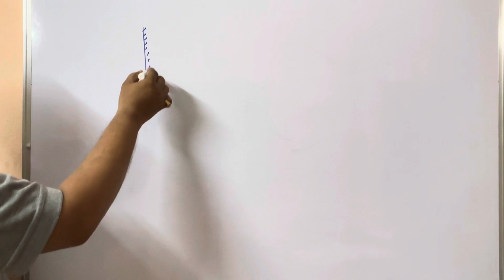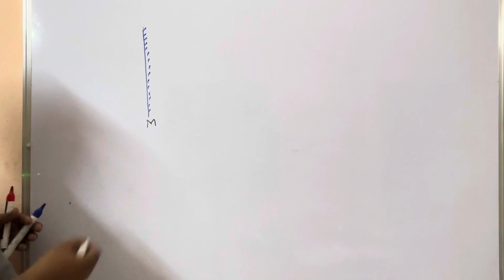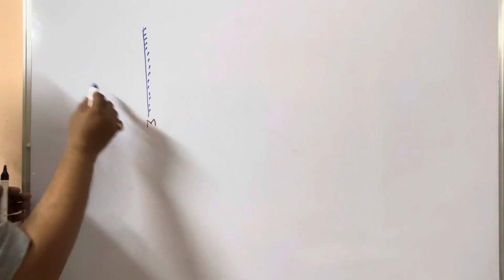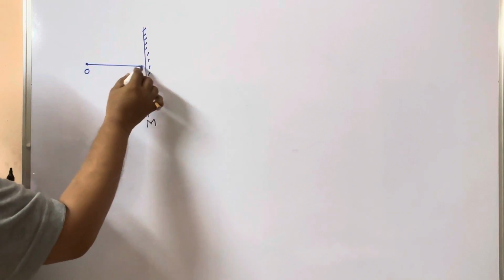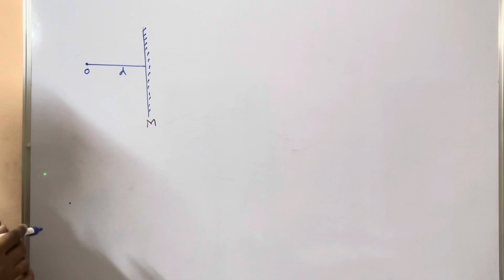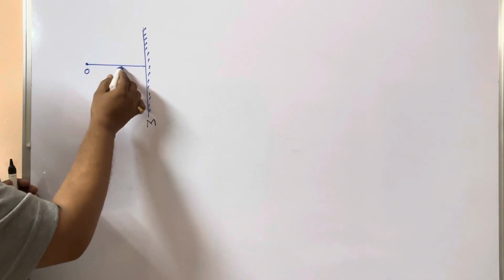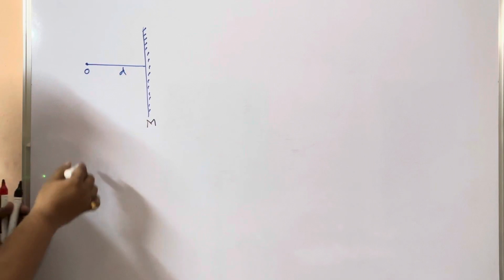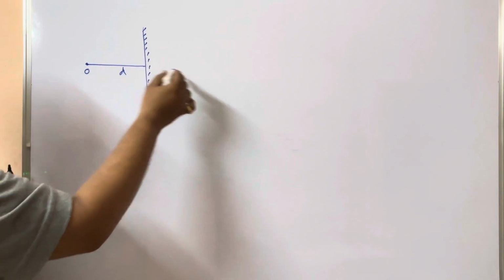In previous class, we discussed velocity in front of a plane mirror. If a plane mirror is placed and an object is placed at a distance d, and the object moves with some velocity, its distance is changing with respect to time.